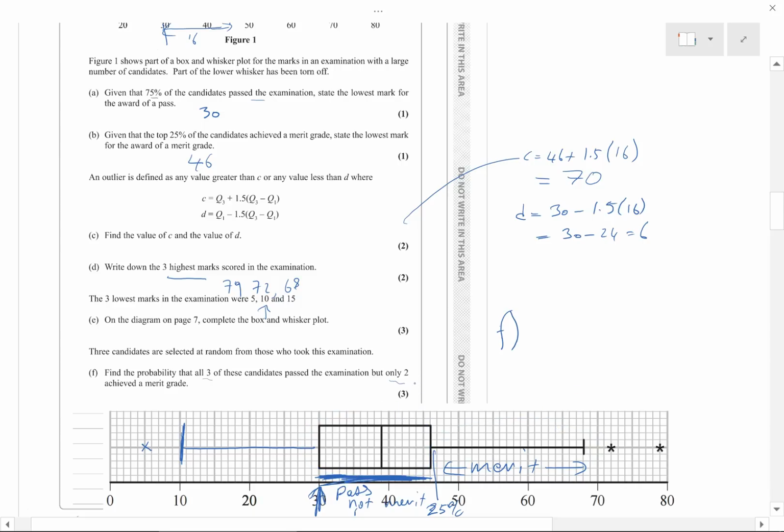And they want the probability that there's 3 of them. So note that this could go in 3 different ways. It could be pass, merit, or then the second person could get a merit, and the other 2 get a pass. Or it could be merit, pass. There's 3 different combinations that can happen.